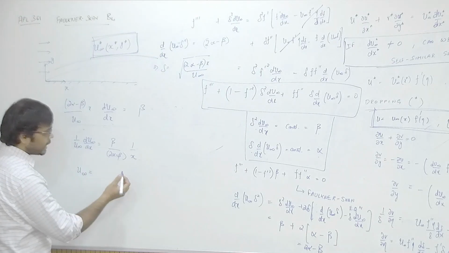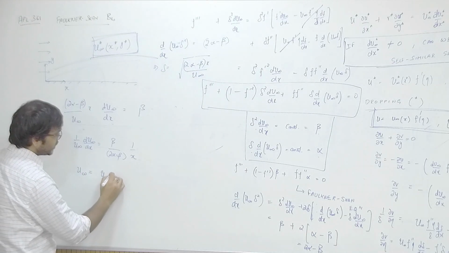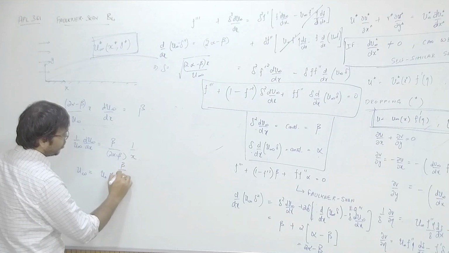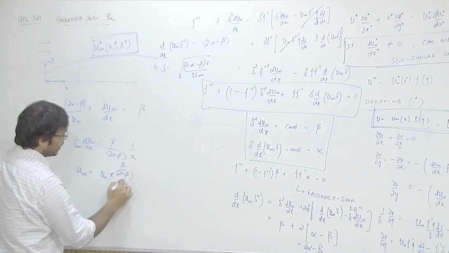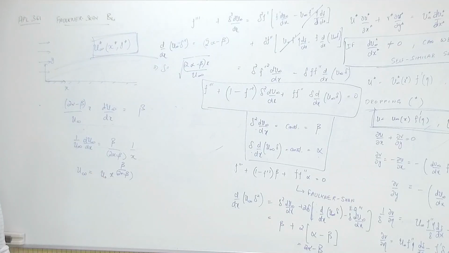So u infinity is, let us say, u naught x to the power beta over 2 alpha minus beta, where this u naught is some known value at some x, maybe x equal to 1 you can say.